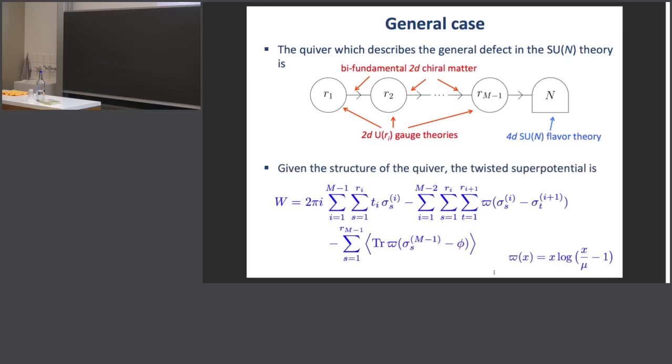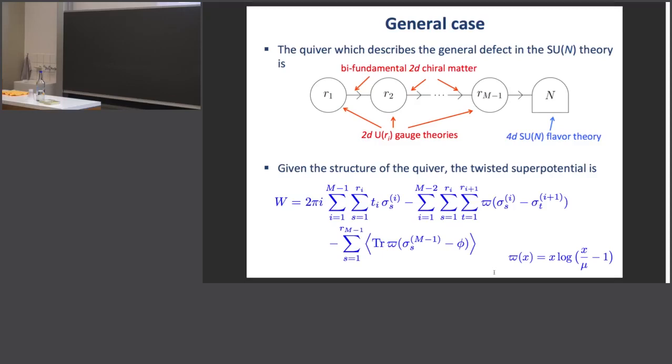Yes, the twisted superpotential, which for the SU(2) theory was quite simple, just a classical term and a quantum term. Clearly, because you have many different contributions, it becomes more complicated, but it has the same structure as before, where you always have these x log x contributions that come from integrating out the high energy fluctuations on the two-dimensional nodes.